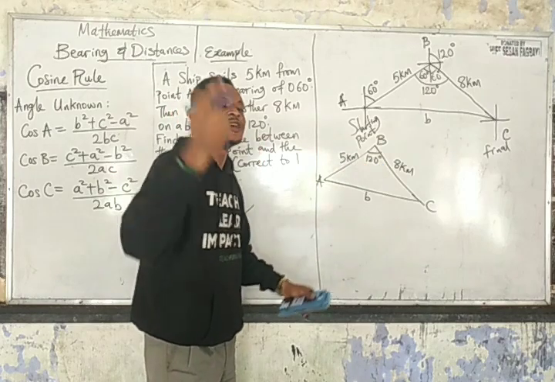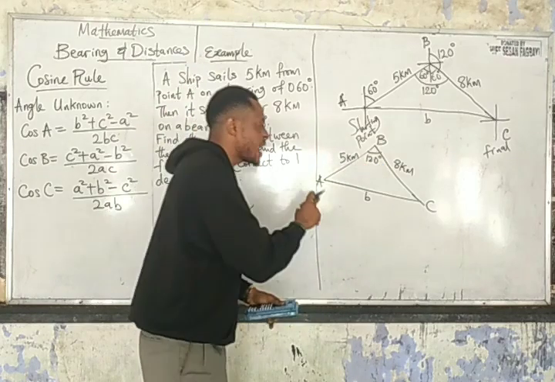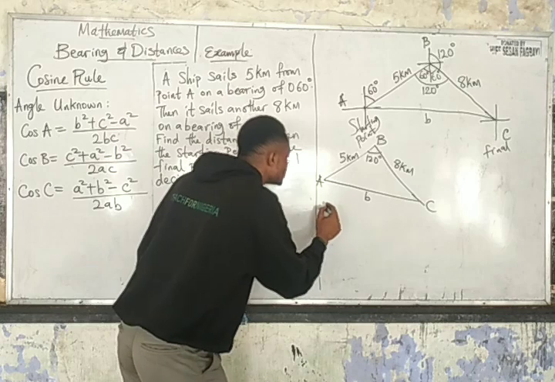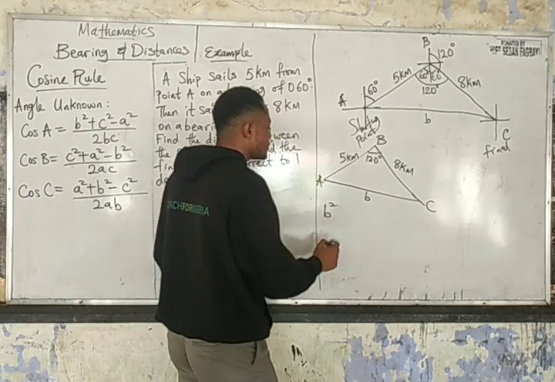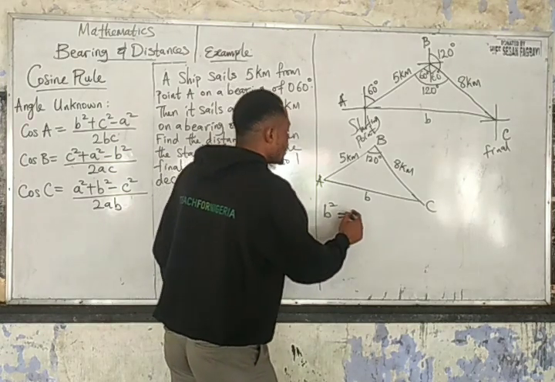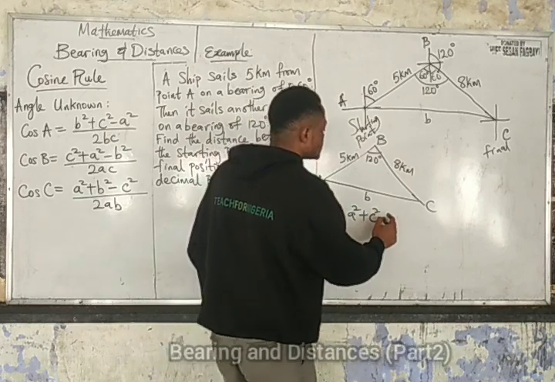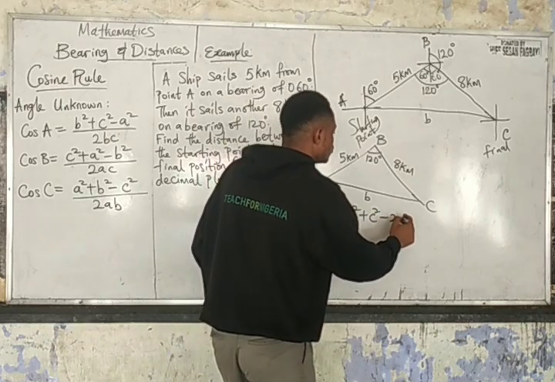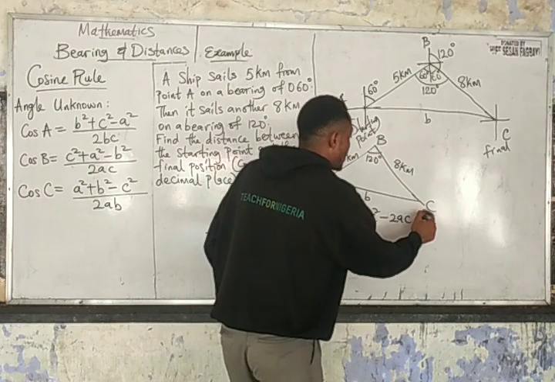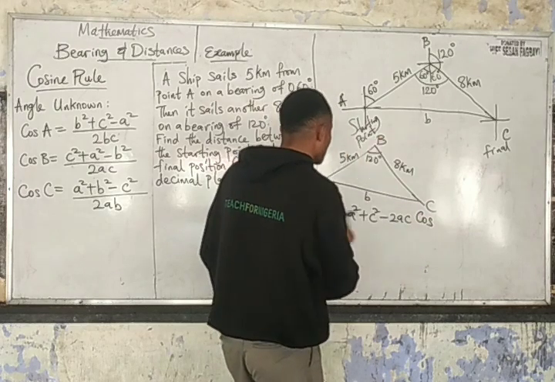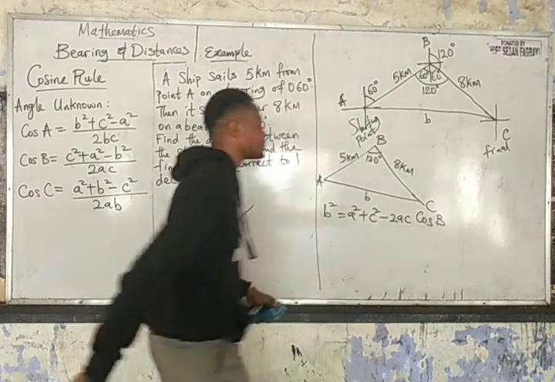So we go back to the formula of side unknown, which is B squared equal to A squared plus C squared minus 2AC, then multiply by cos the angle itself, cos B.